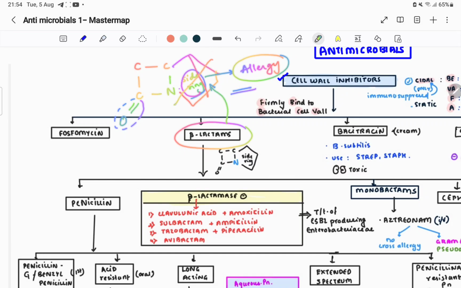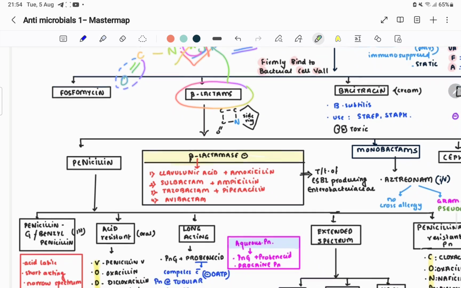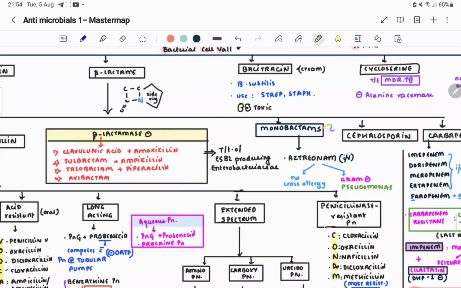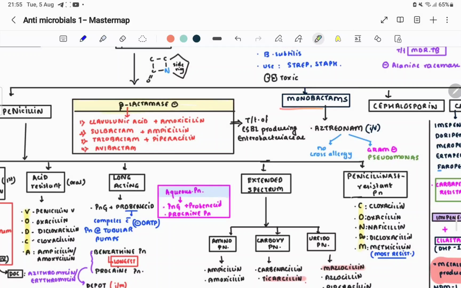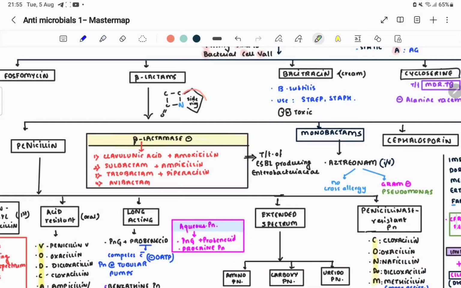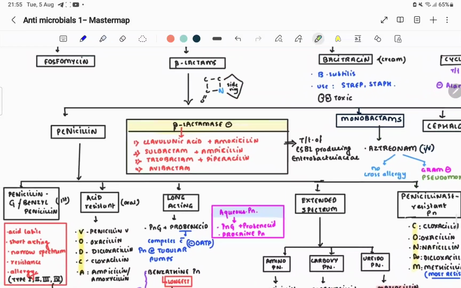If the side ring is absent, we have no allergy. One drug is there, called monobactam. One example, aztreonam, which has no allergy. It is used in gram negative infection, you don't need to remember. For monobactam, just remember one point: no cross allergy because there is no side ring, right?